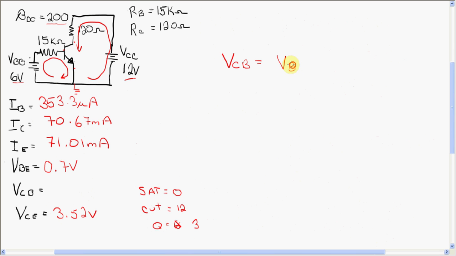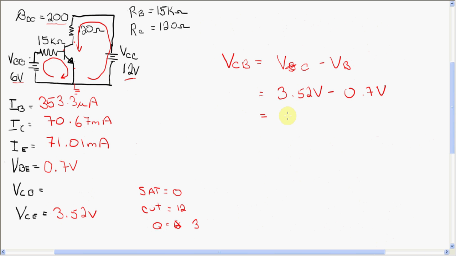Actually, no, it should be VC minus VB. VC, measuring from ground, was 3.52 volts minus 0.7 volts. So we've got 3.52 measured to the collector, and 0.7 to the base, and what I will be left with is the difference.